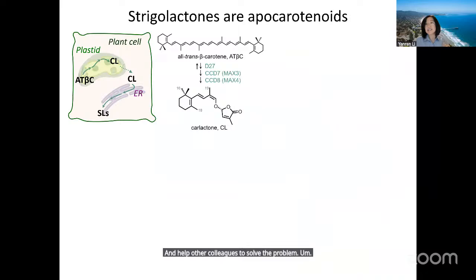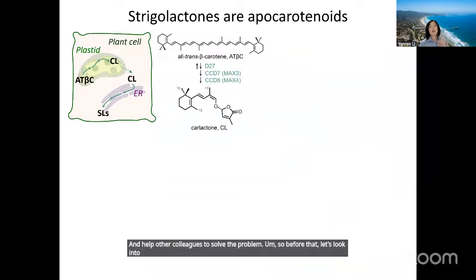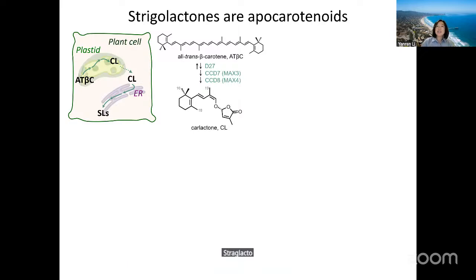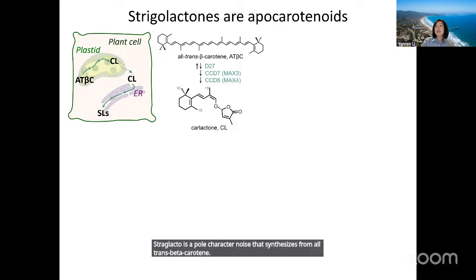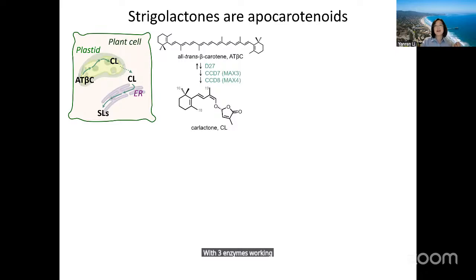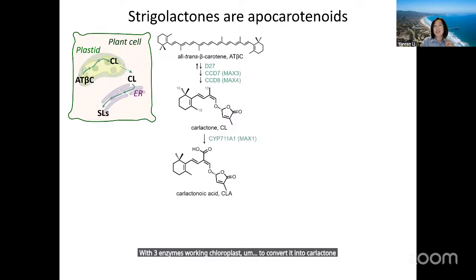Before that, let's look into how strigolactone is synthesized so that we can build up the microbial cell factory. Strigolactone is an apocarotenoid synthesized from all-trans beta-carotene, with three enzymes working in the chloroplast to convert it into carlactone, which is a key branching inhibitor.